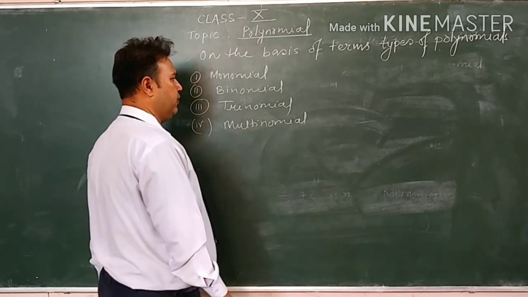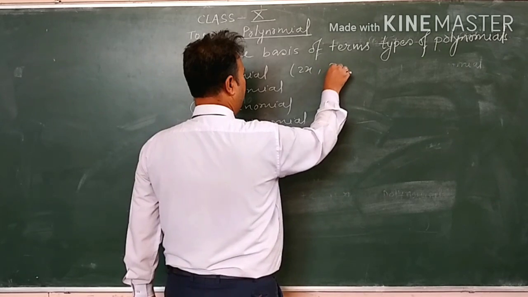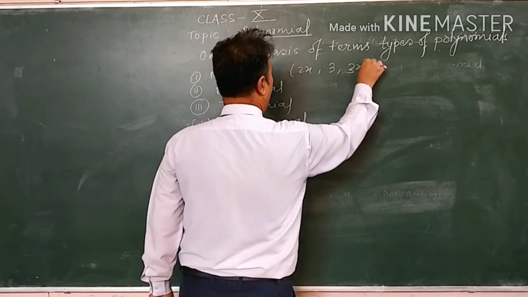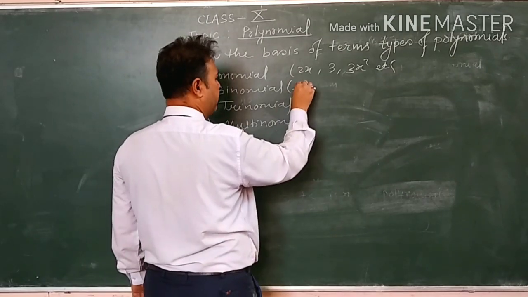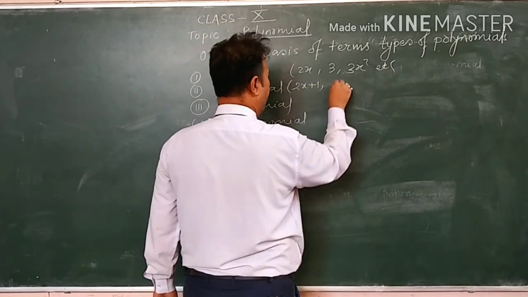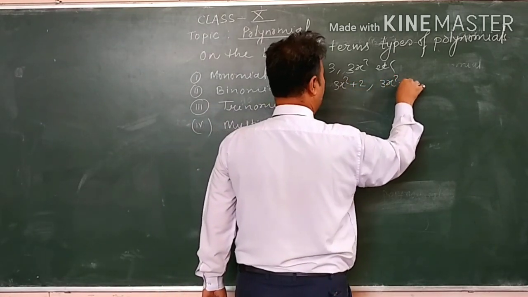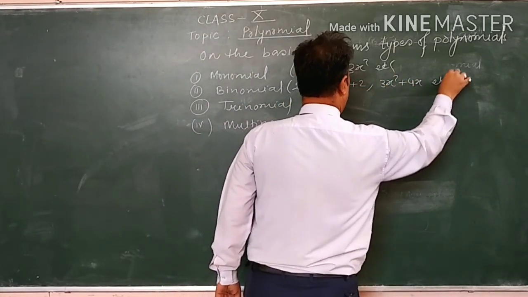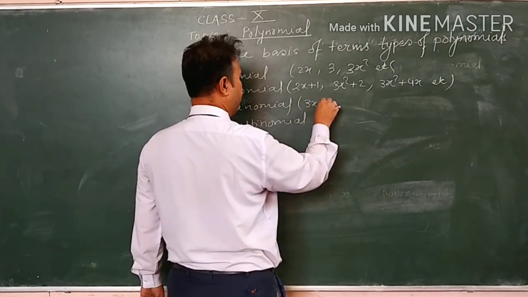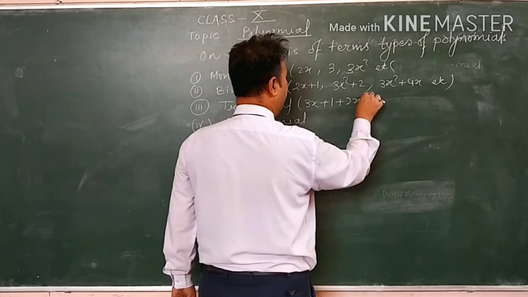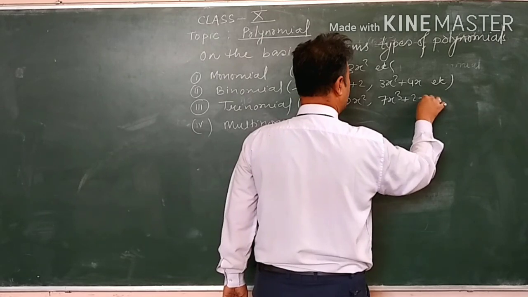For example, for a monomial we can write 2x or 3x square, etc. For a binomial, we have to write two terms: 2x plus 1, 3x square plus 2, 3x square plus 4x, etc. For a trinomial: 3x plus 1 plus 2x square, 7x cube plus 2 plus 7x.